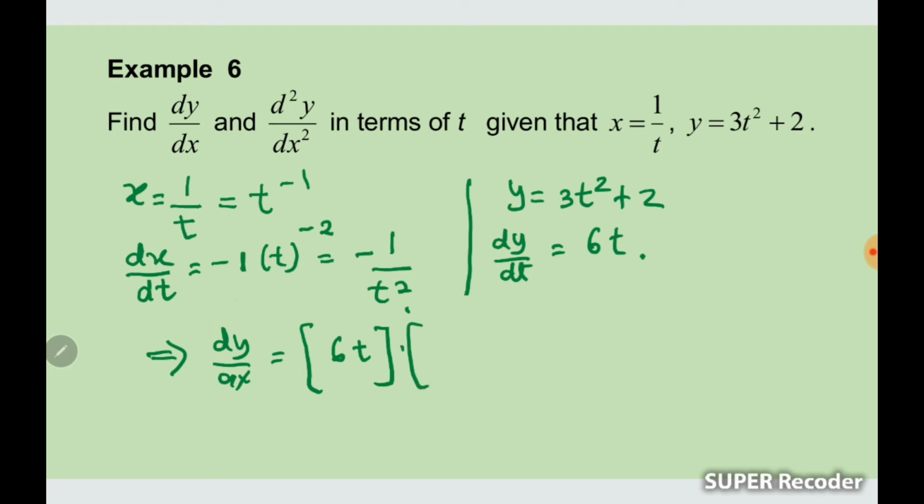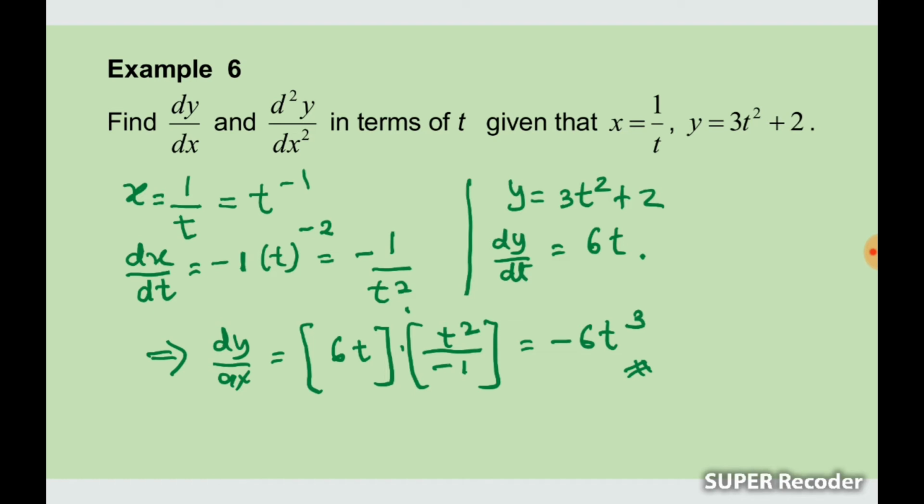If dx dt is negative 1 over t squared, for dt dx, you have to bring t squared up and bring negative 1 down. Okay, so simplify, you will get negative 6t cubed. So this is dy dx.